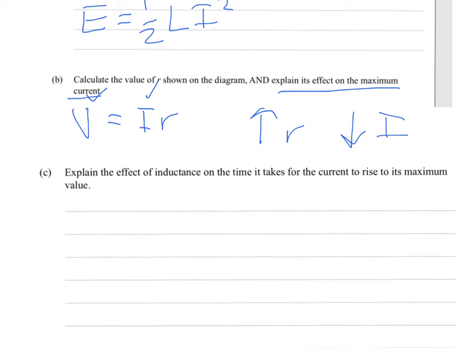C, explain the effect of inductance on the time it takes for the current to rise to its maximum value. So the larger the inductance, the longer the time it will take to rise to its maximum value.